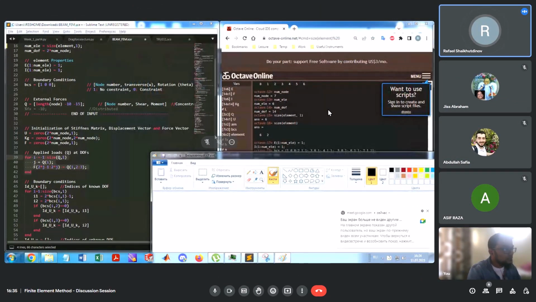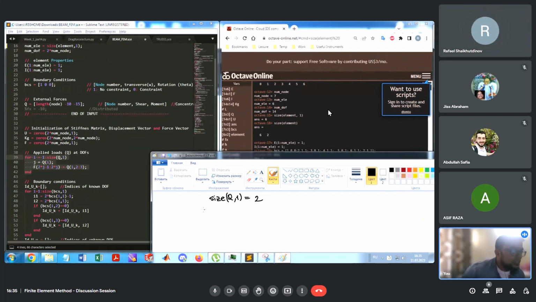For instance, if we have here Q, size of Q will be 2 by 3. So size of Q comma 1 will give me 2.